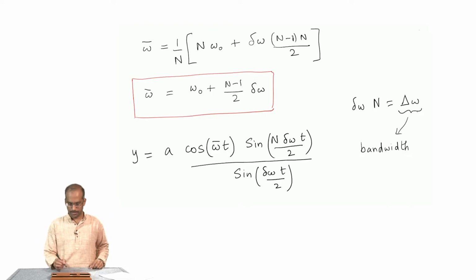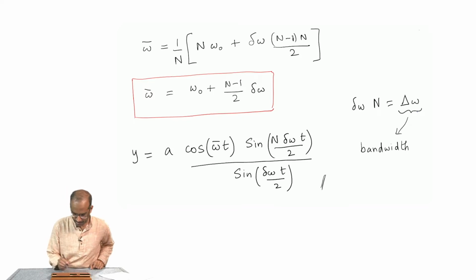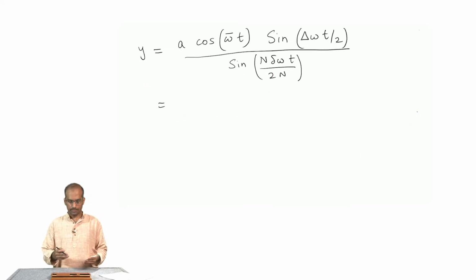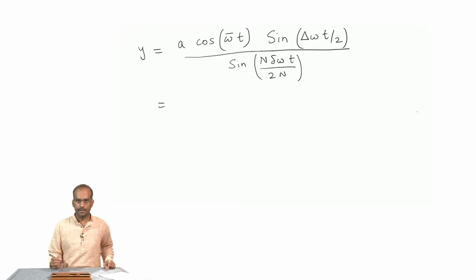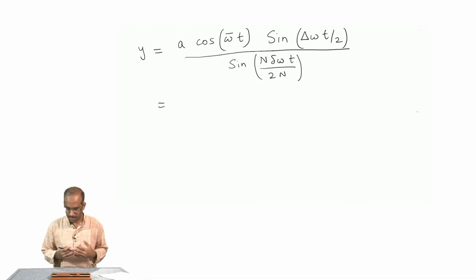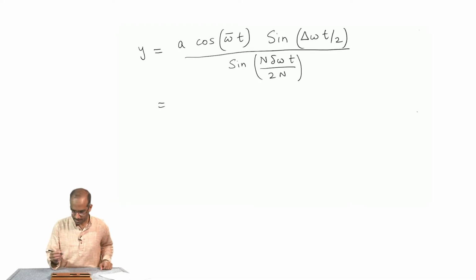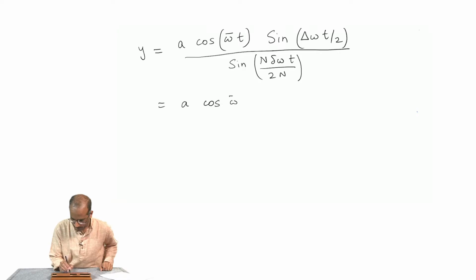Now I will write this equation using capital delta omega. I have written the same expression in terms of capital delta omega, and in the denominator you will see that I have multiplied and divided by capital N. Now I can complete this exercise: A cos omega bar t into sin of delta omega into t by 2.